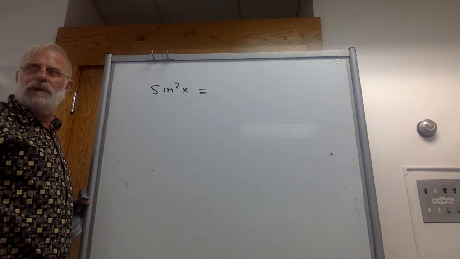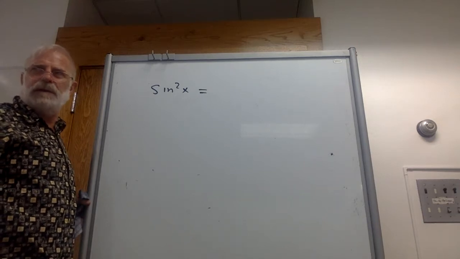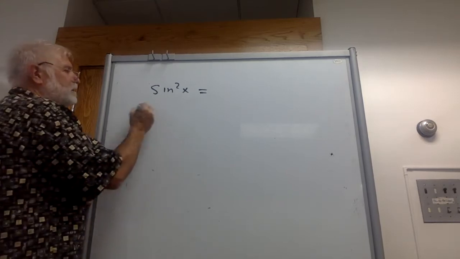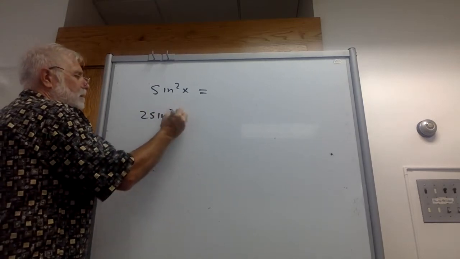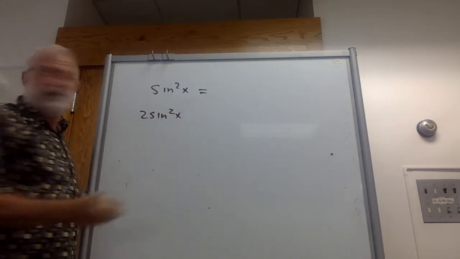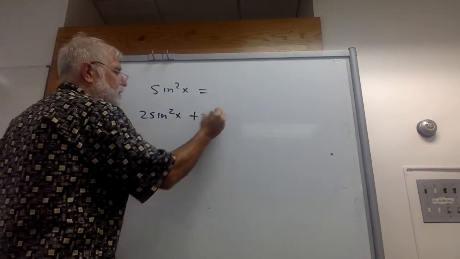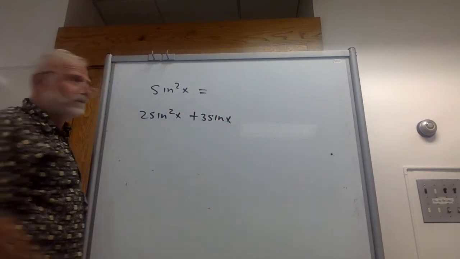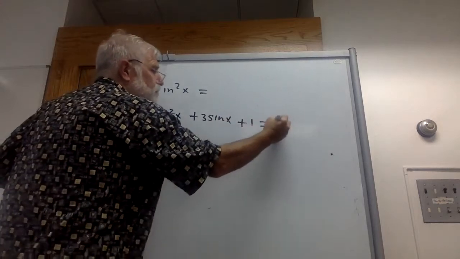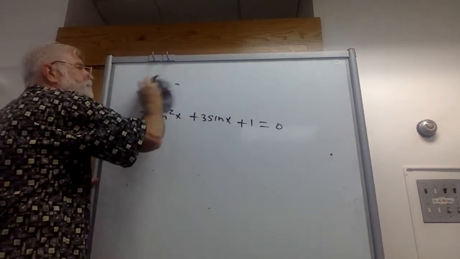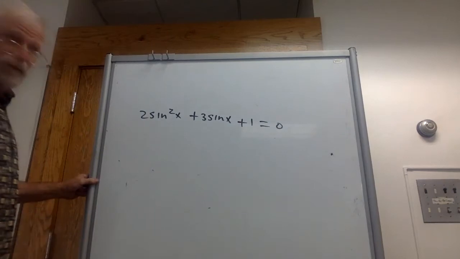I'm only going to do one of them because they're both basically the same. So let's do 2 sine squared x plus 3 sine x plus 1 equals 0. All right, let's just do that one. It's basically the same as the other one.